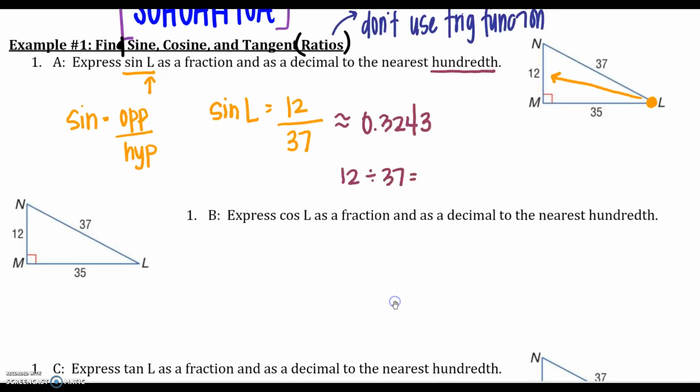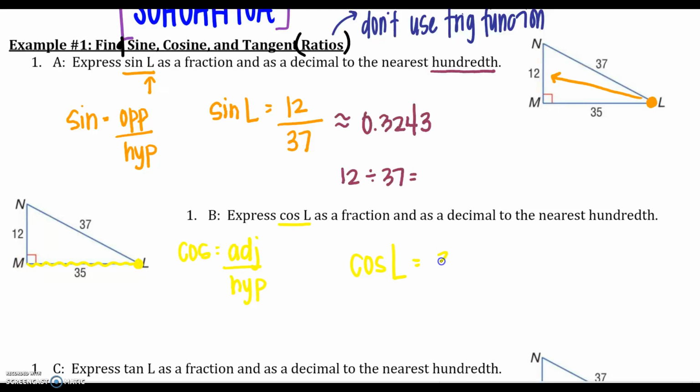All right, so again, we're going to find the cosine of L. Cosine, if you look up above, is adjacent over your hypotenuse. So I first need to identify angle L. L is right here. So my adjacent side is the leg that touches it.